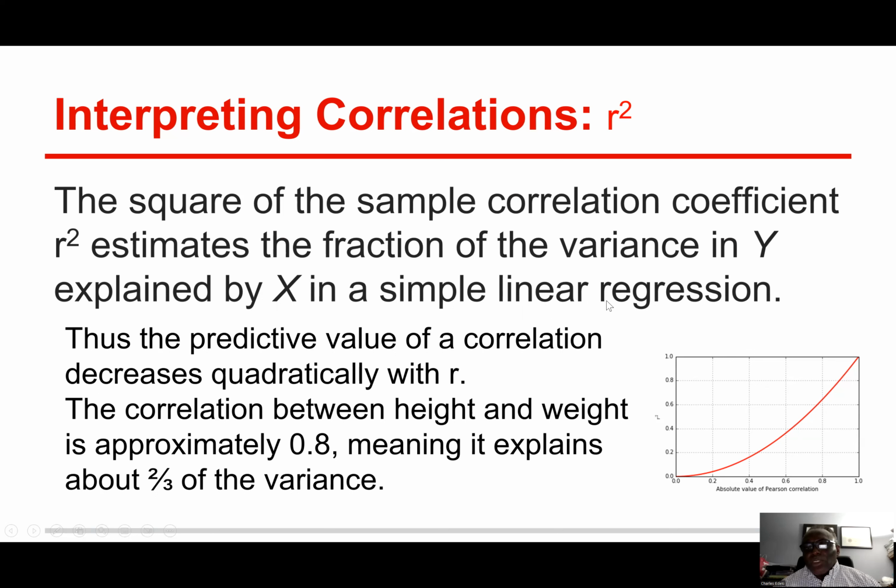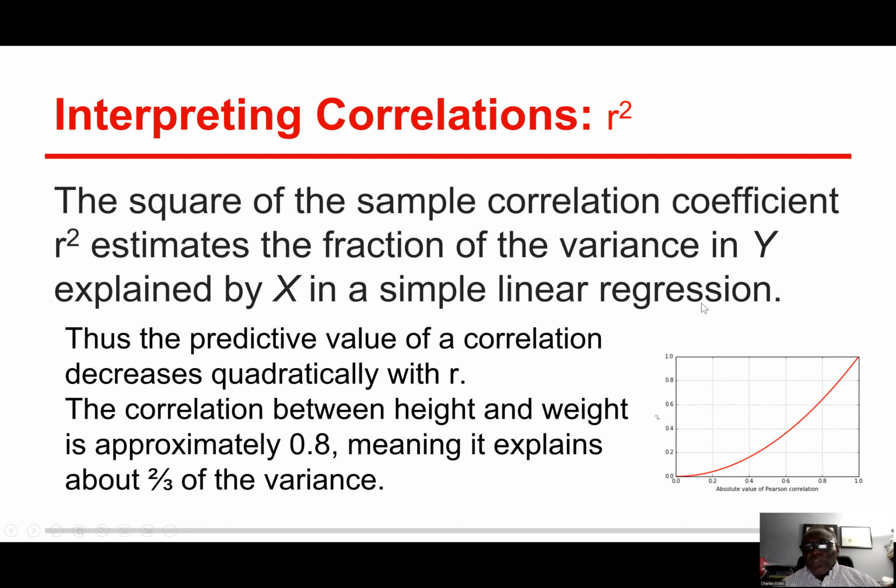This is in terms of regression, in simple linear regression. For example, if R is 0.8, R square will be 0.64. So we can say that 64% of the variance in Y is explained by X. This is for regression.